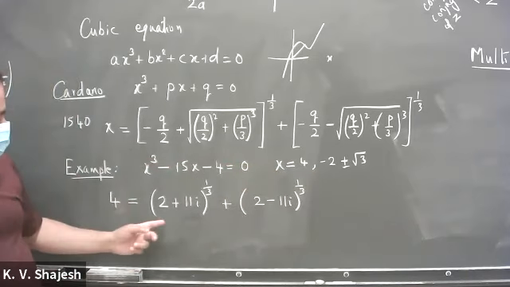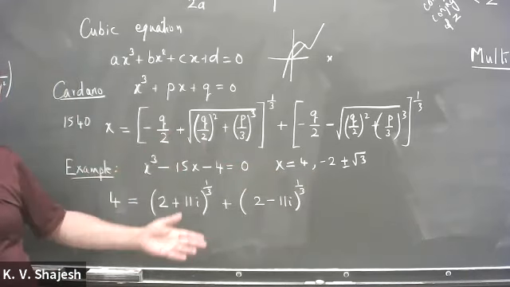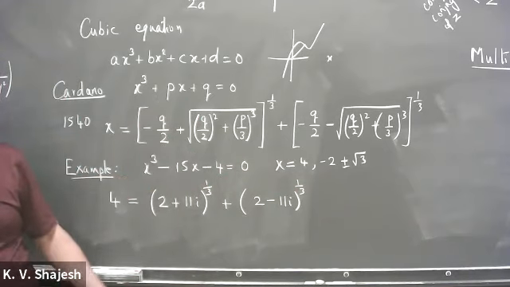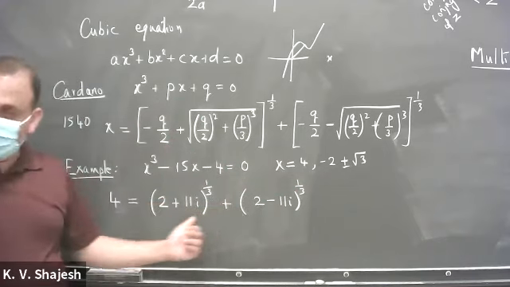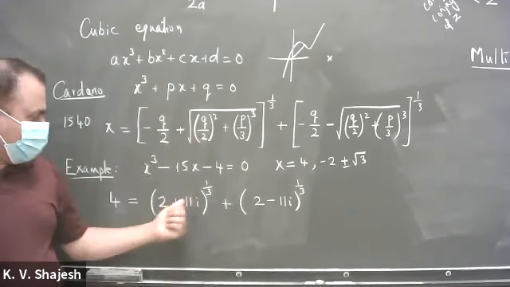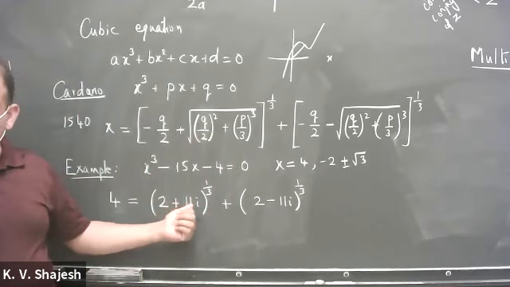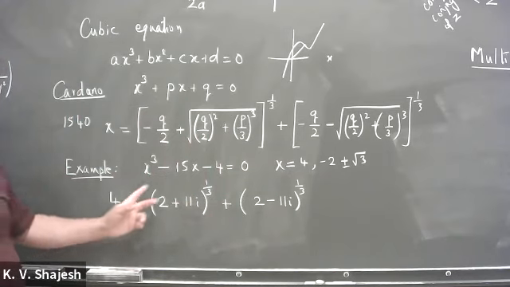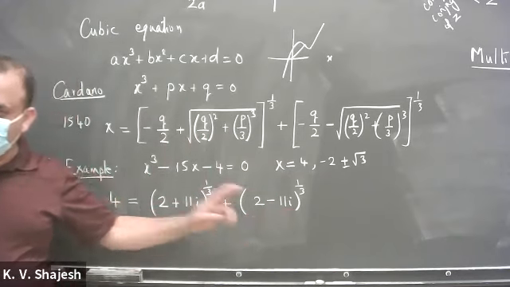But the answer, using a certain formula, cannot be written as a real number. It has to be written in this form, and then you make your operations. And if you play the game of this i, which is the square root of minus 1, then you get this to be 4. Right? You do some new mathematics, if you want.